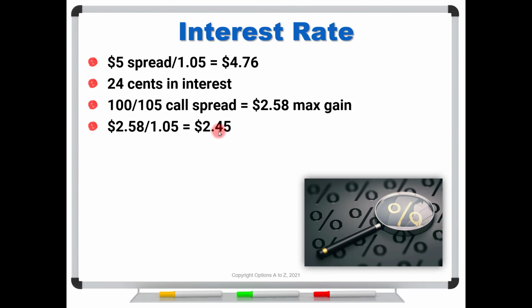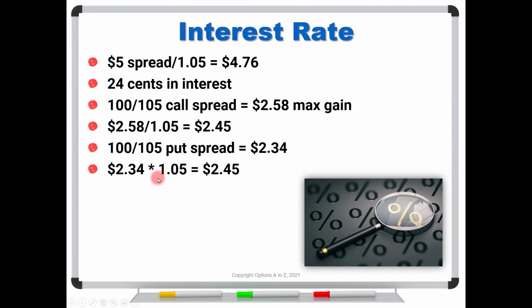On the other hand, the put spread for the credit had a maximum gain of $234, but theoretically you could take that $234 credit that you received today and invest it. So you're doing the opposite of the debit spread. So if we invest $234 at 5% for a year, look what that comes up to, $245.